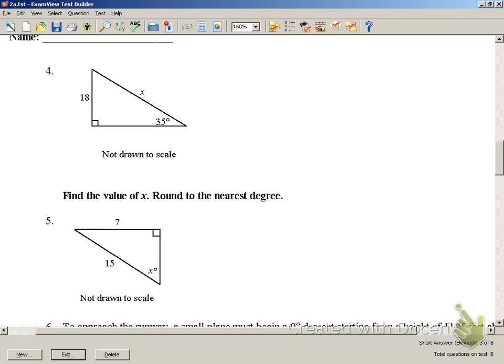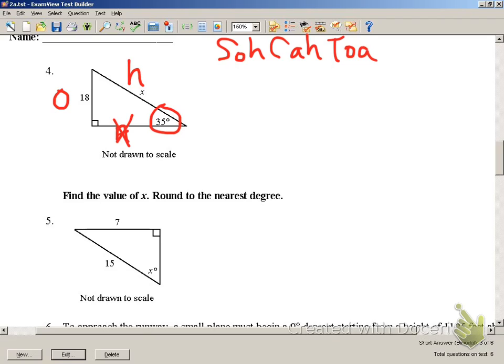Number 4, still solving for x. Here's the angle that I am given. In reference to that angle, here are my parts. I do not need the A. Going by SOHCAHTOA, it will be sine, because we have O and H. Therefore, the sine of 35 degrees would equal 18 over x.